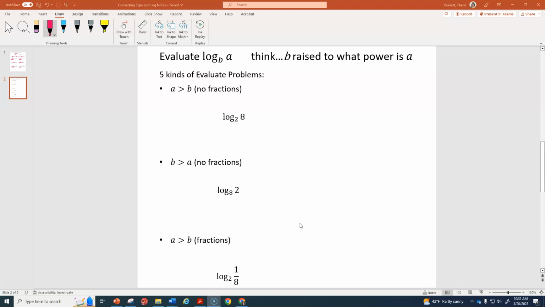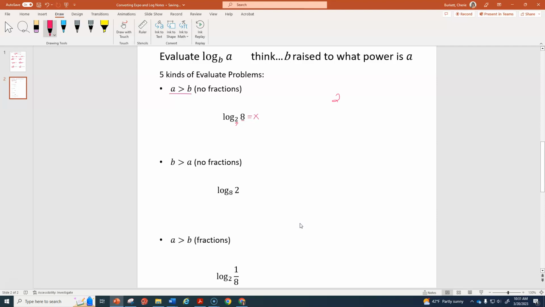So the most normal kind is when our base right here is smaller than the value. Because remember, this doesn't have an equal sign, but we could certainly put an equal sign right here and put an X right there. And now you could convert it back to an exponential.